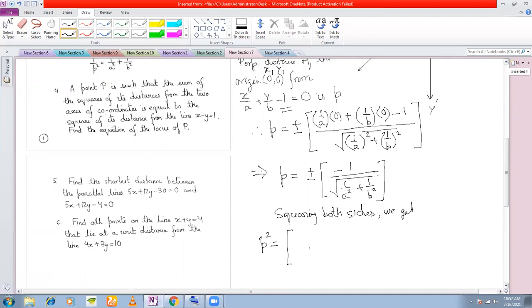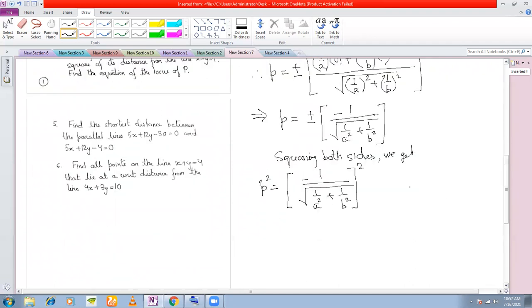You'll only be left with minus 1 by root over of 1 by a square plus 1 by b square whole square, right? Now that means p square is equal to 1 by, now the radical sign will be removed in the denominator. Now you cross multiply.